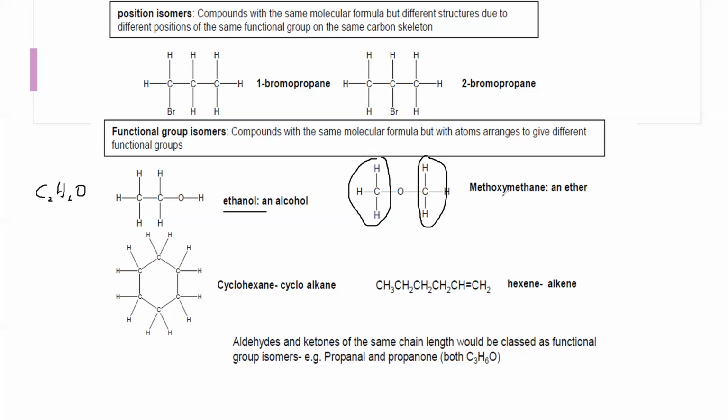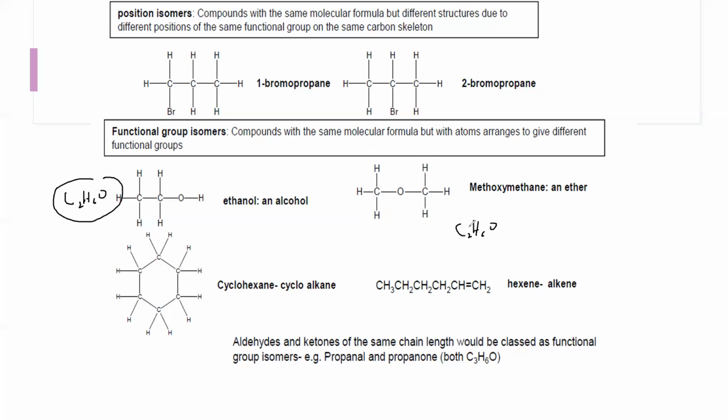The name of this compound is methoxymethane. But you can see here, when I count the atoms, C2H6O and C2H6O. So when two compounds have the same molecular formula but different functional group, we call that functional group isomerism.